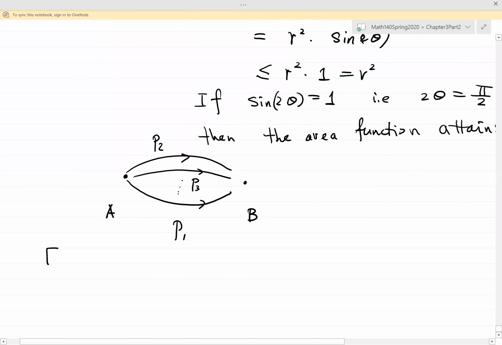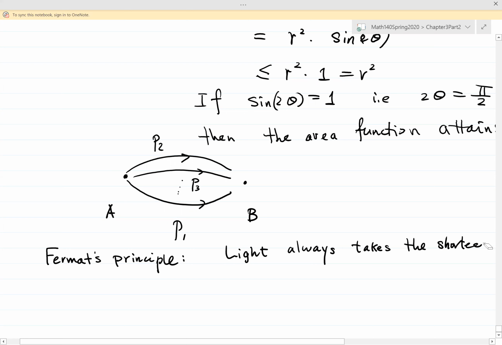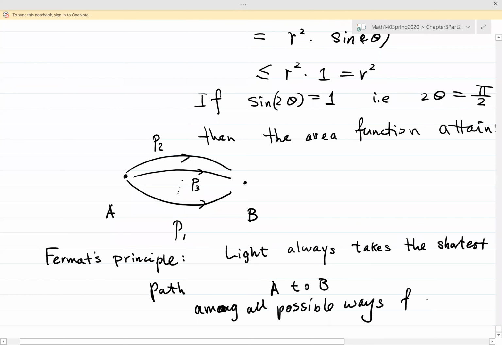The Fermat principle says light always takes the shortest path from A to B, among all possible ways.